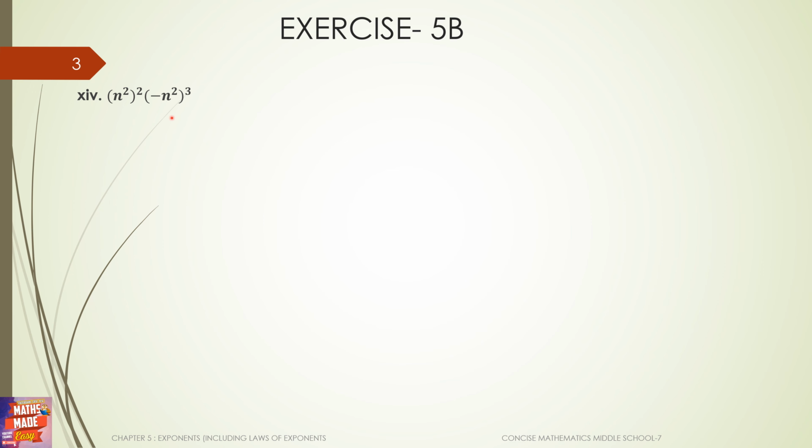So first you cannot apply the formula directly because the bases are different. For applying the formula you need to make the bases equal. For making the base equal you need to take this minus out. If you take this minus outside, that is (-1)^3.